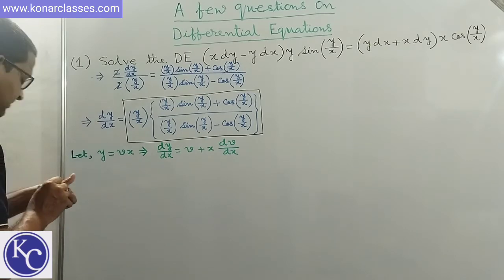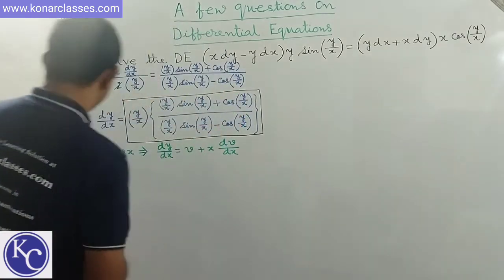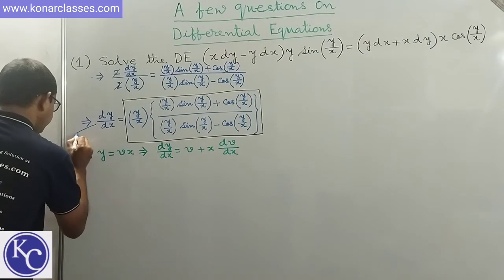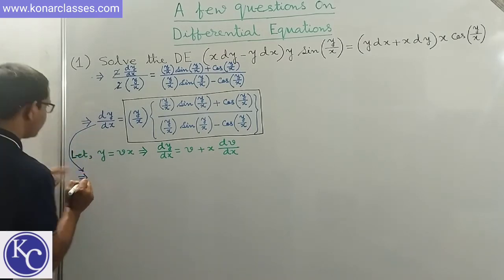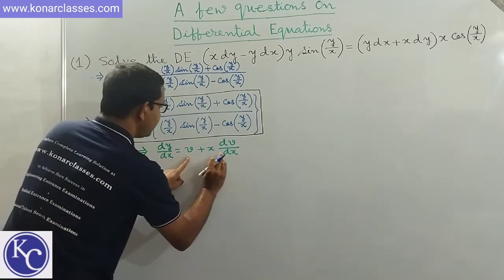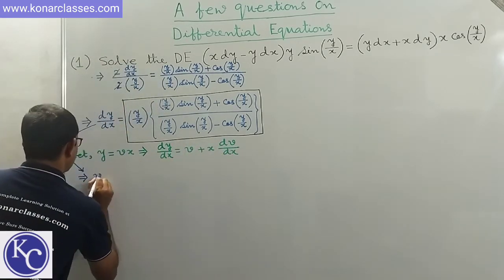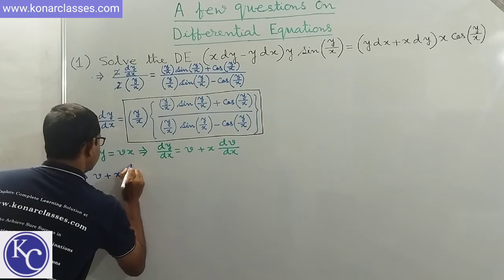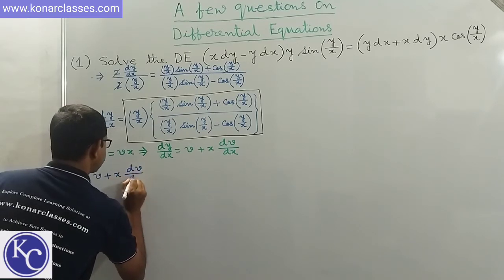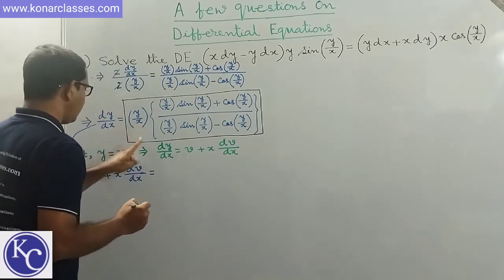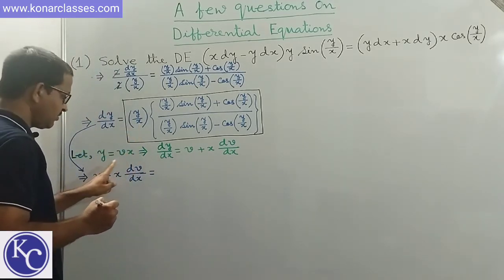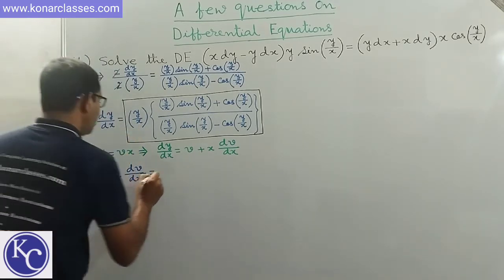Once we get this thing, dear students, we apply that value here, okay? Then what we are going to get, dear students? So this implies instead of dy/dx, we write v plus x into dv/dx. So v plus x into dv/dx is equal to, y/x equal to v, because y equal to vx, that means y/x equal to v.